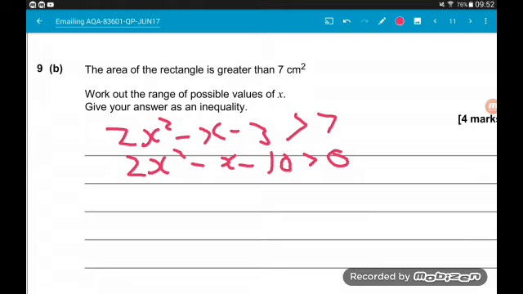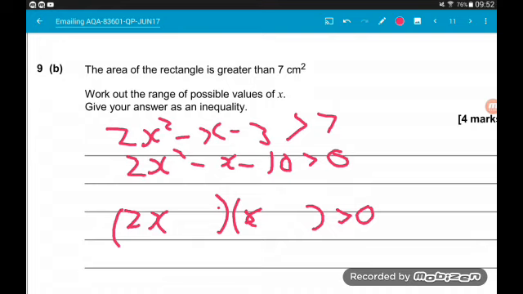So one of our brackets is going to need a 2x, the other is going to need an x. Now our two numbers have to multiply to minus 10, and we have to end up with a sum of minus x.